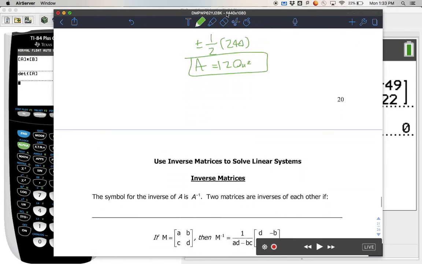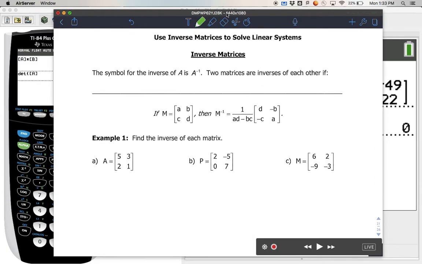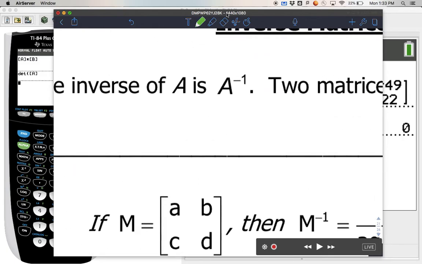Okay, so the next big thing here, we're going to talk about inverse matrices. So the symbol for an inverse matrix right here is the matrix raised to -1.